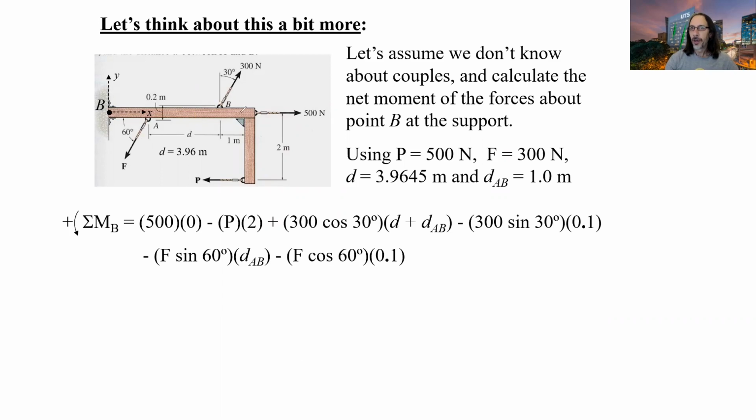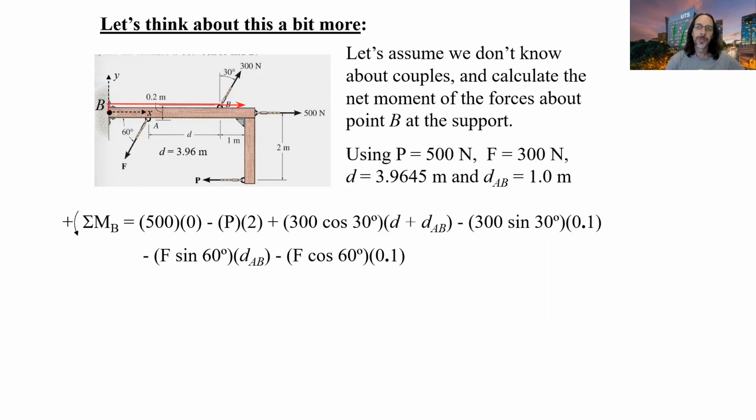Then we have the horizontal component. The horizontal component of this 300 force is out here. That was our 300 sine 30 that we calculated previously. Its line of action is along here, and the perpendicular distance to point B is this distance here.